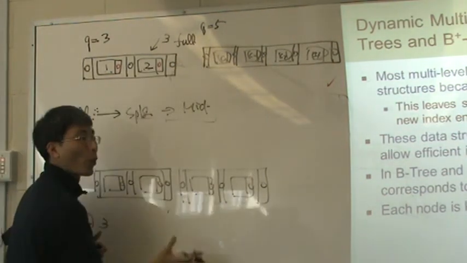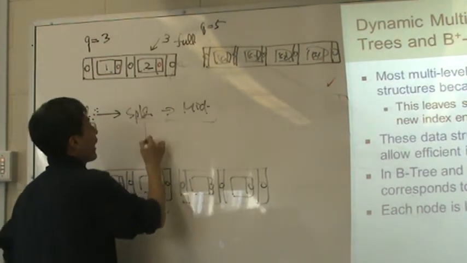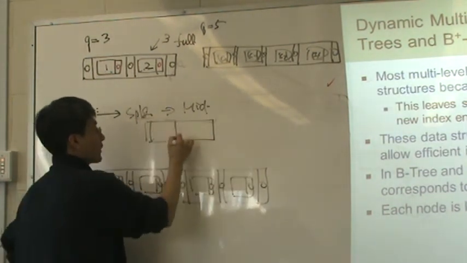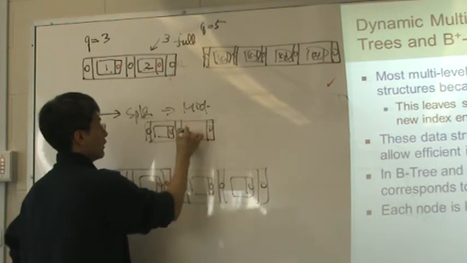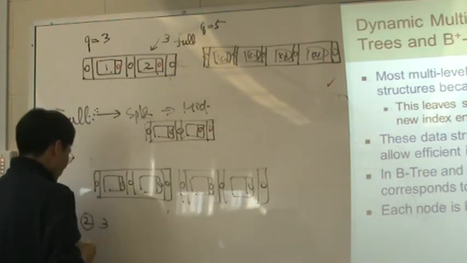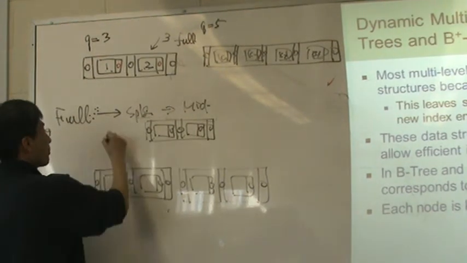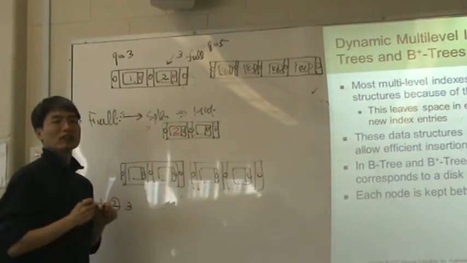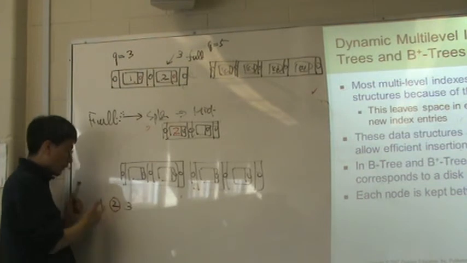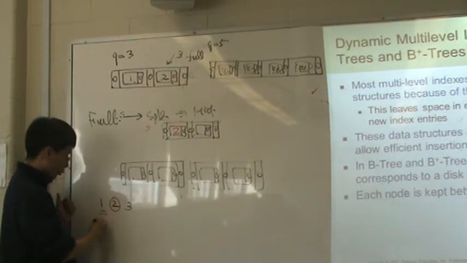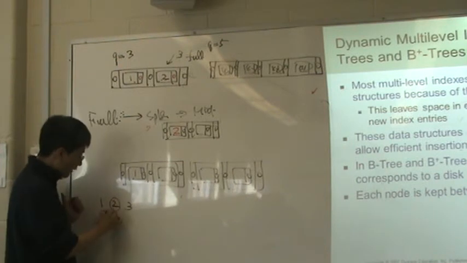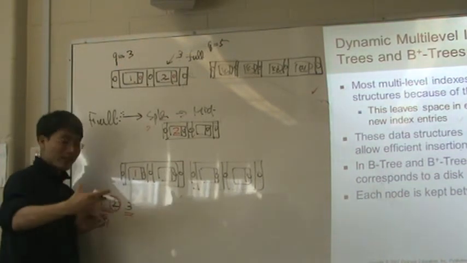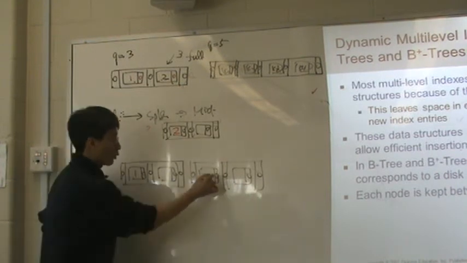Promotion means it's going up to the parent. So copy. So this middle value goes to the parent node, 2. And less than the middle value, this one goes to the left-hand side, so 1. And bigger than the middle value goes to the right-hand side.